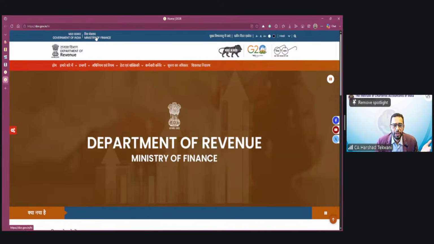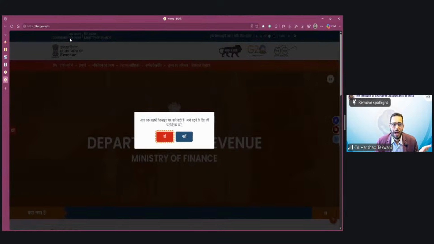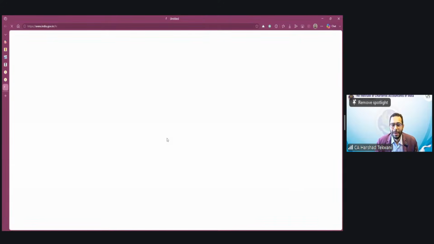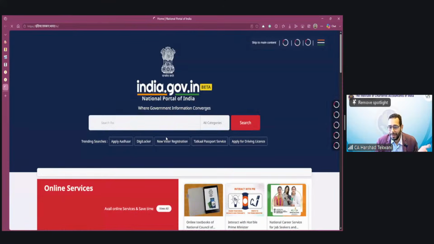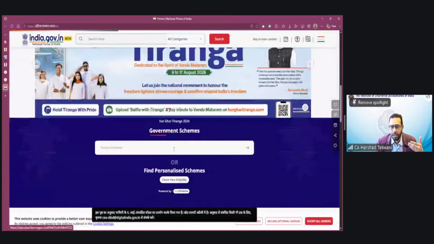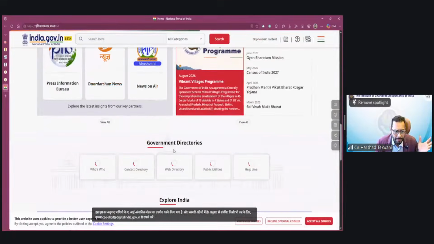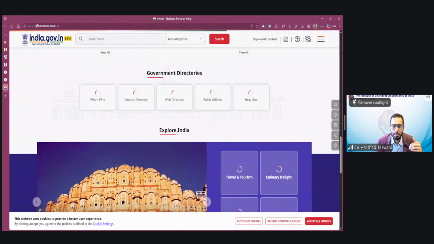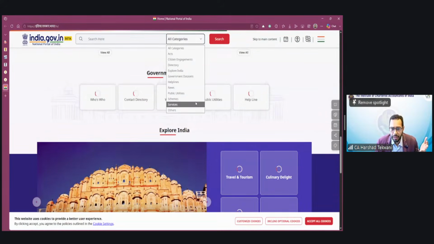Okay, similarly, Government of India has multiple departments, multiple ministries. Okay, and if you see, this is a government website I'm showing you, there are multiple departments with respect to the different services which are there.